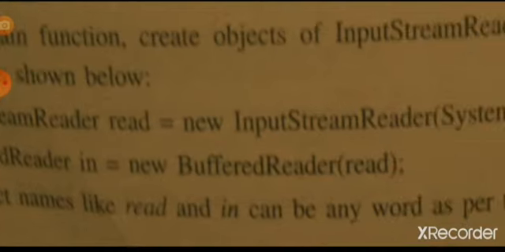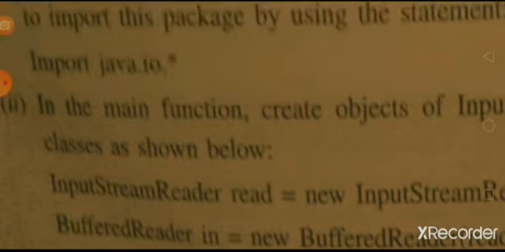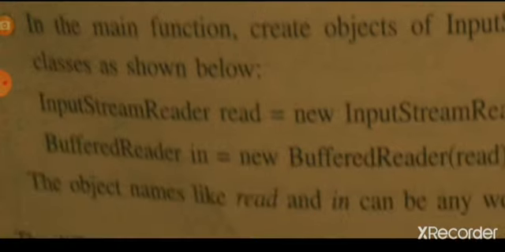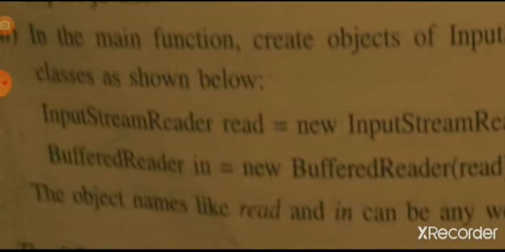The object names like read and in can be any word as per the user's choice. They are not fixed here. You can take whatever variable name you want, but once a name is used for this, it cannot be used to give another name.